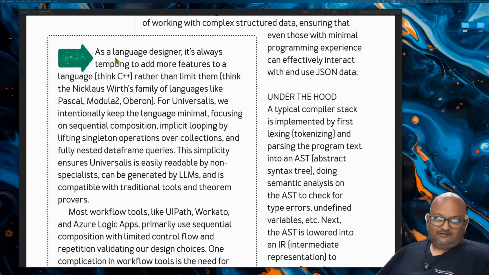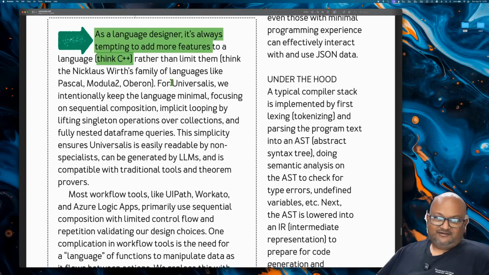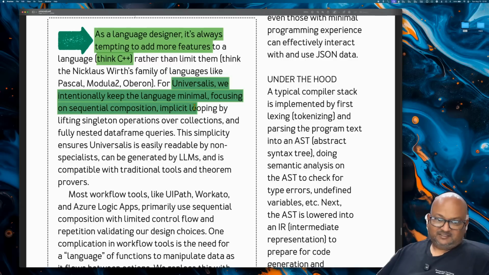I love this note the author has over here. As a language designer, it's always tempting to add more features. Think C++. And in Universalis, the author is trying to keep the language minimal, focusing on sequential composition, implicit looping, and so on.